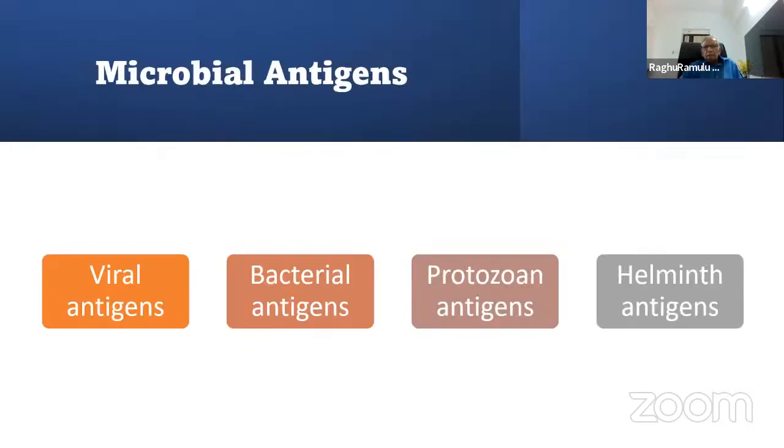Next, we'll take some examples of viral antigens, bacterial antigens, protozoan antigens, helminth antigens, etc. Practically, viral organisms have become more important because of the coronavirus. But previously also, several viral organisms were there, and they were given vaccination and treatment. But there is no endpoint for perfection, because viral organisms also undergo mutation and new viral organisms evolve.